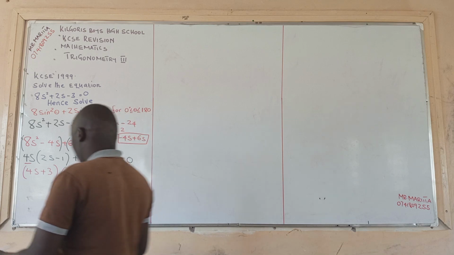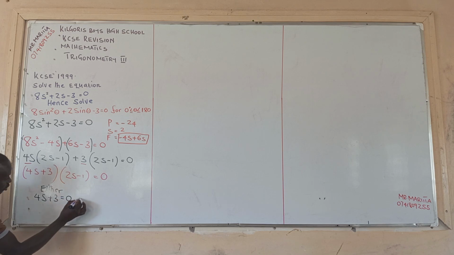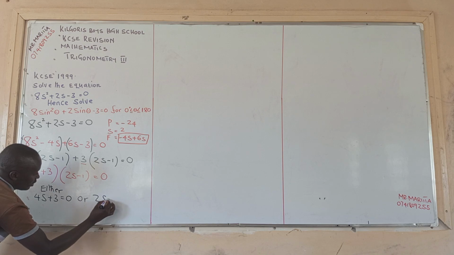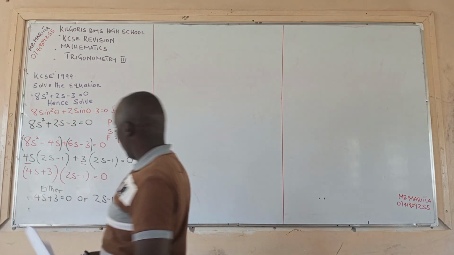From here, you say that either you have 4s plus 3 is equivalent to 0, or we have 2s minus 1 is equivalent to 0.